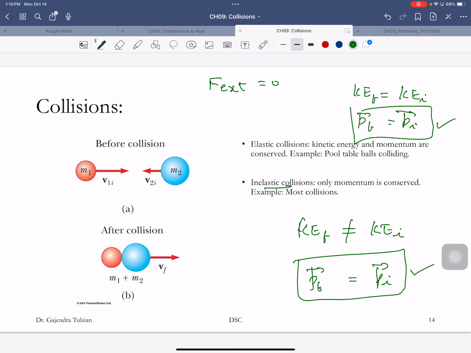Energy comes in so many different forms that only the sum total of all different forms of energy is conserved. You can't keep track of just kinetic energy, and you can't easily keep track of all forms of energy. It's hard. So momentum is more useful. Momentum after the collision is equal to momentum before the collision.